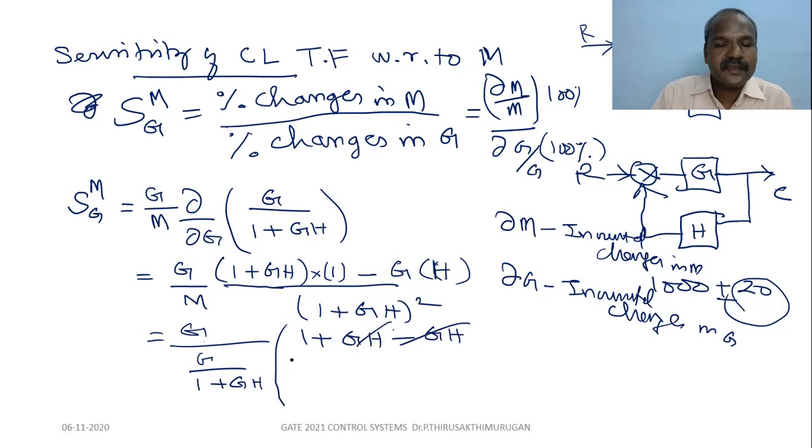This cancels, leaving 1 plus GH whole square.